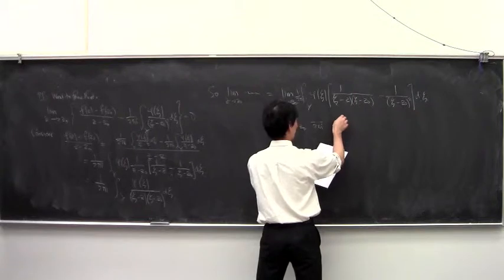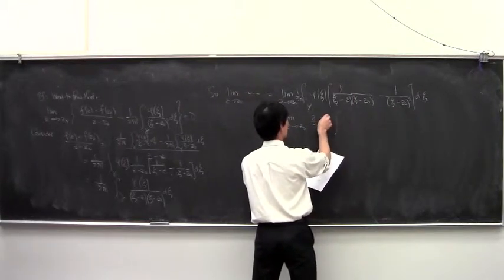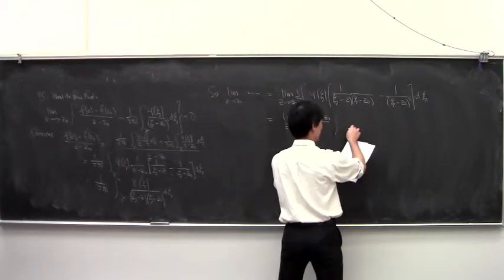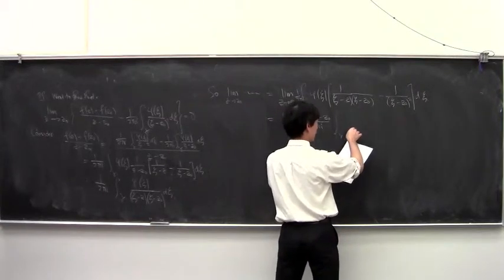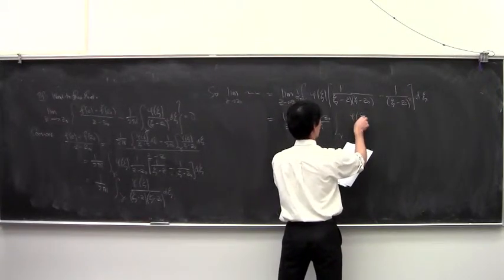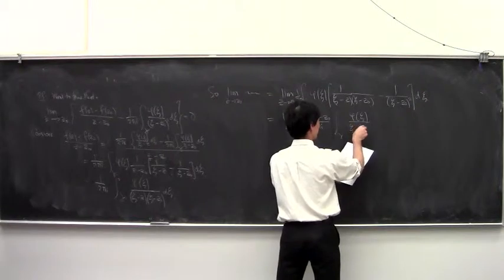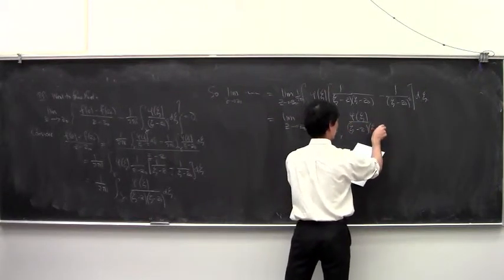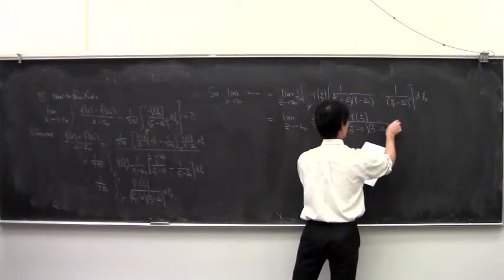We get 1 over 2 pi i times z minus z naught times the integral over gamma of phi of zeta over zeta minus z, zeta minus z naught squared d zeta.